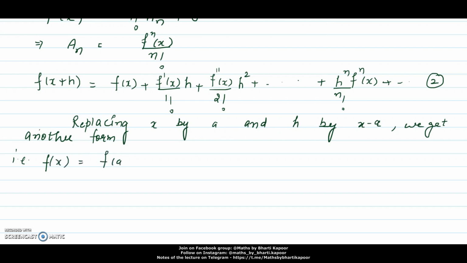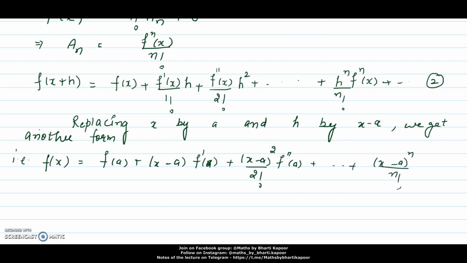That will be equal to f(a) plus (x minus a) into f dash a, plus (x minus a) whole square upon 2 factorial f double dash a, plus so on, (x minus a) raised to power n upon n factorial f nth order derivative at a. Let's mark this as equation number 3. So this is another form of Taylor series.